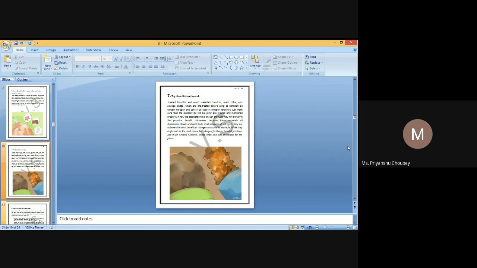Podzolization is a soil formation process in which humus and oxides become mobile, leach out from the upper horizon and get deposited in a lower horizon, while silica remains accumulated in the upper horizon.